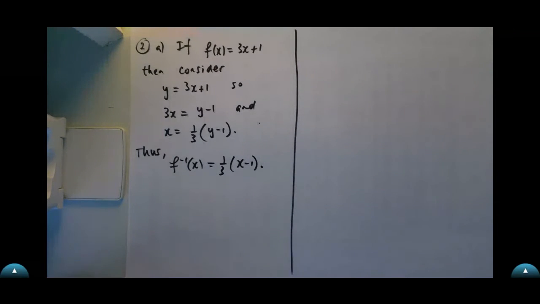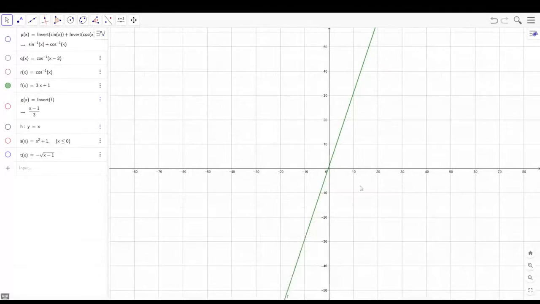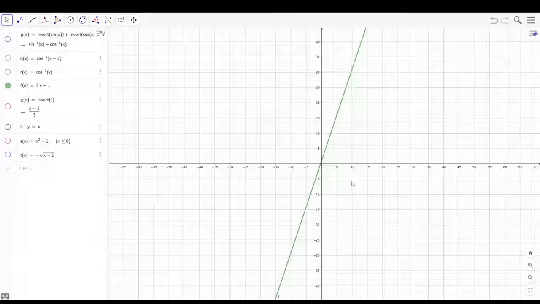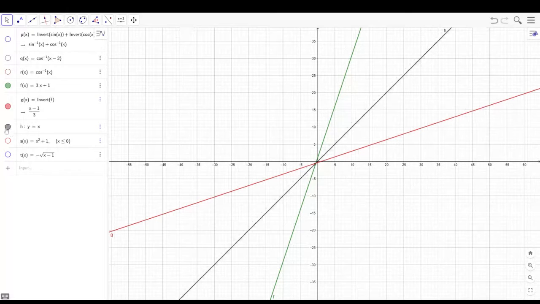Let's have a look at this because they ask us to sketch the two functions. I can just do that in GeoGebra. So here's our function, and here's the inverse, and here is the line y equals x.